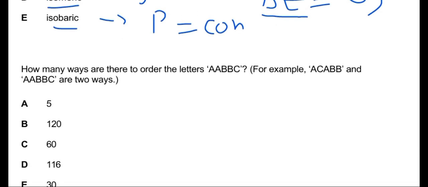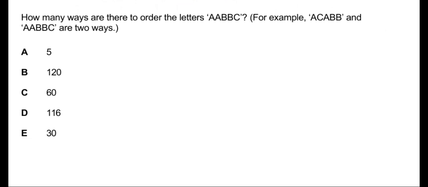So now let's move to the last MCQ. How many ways are there to order the letters AABBC? For example, ACABB and AABBC. So we have to find the ways in which these five letters could be arranged in different orders.